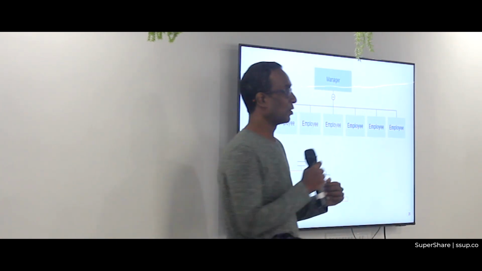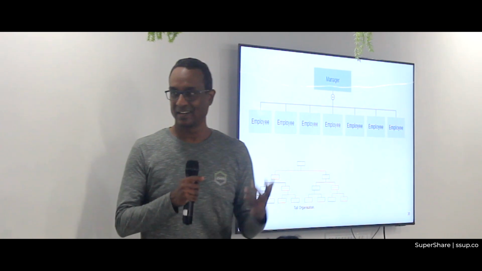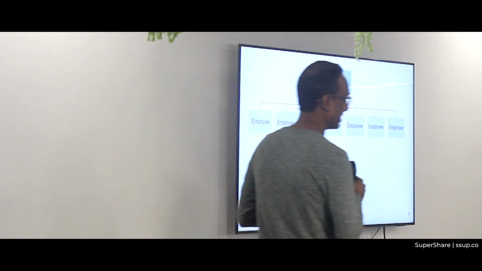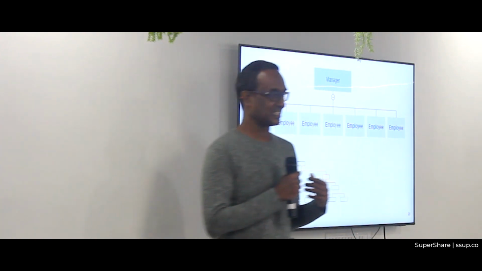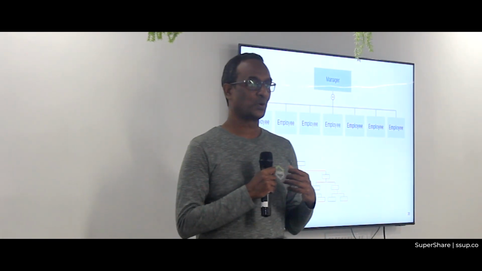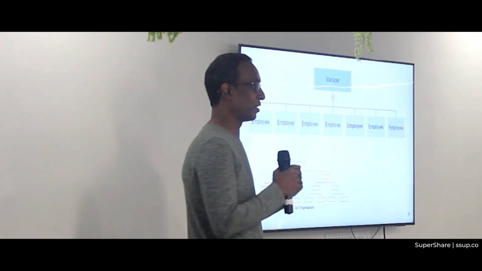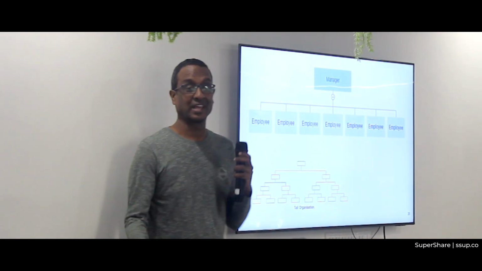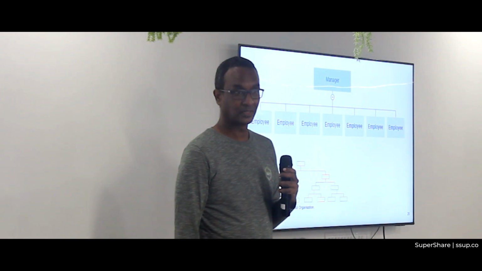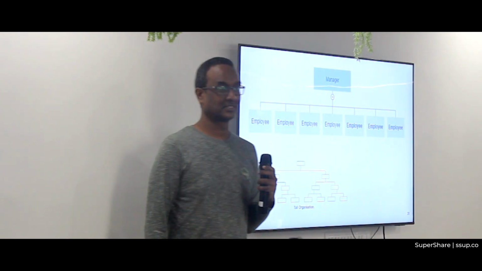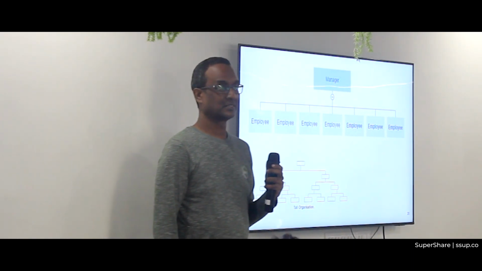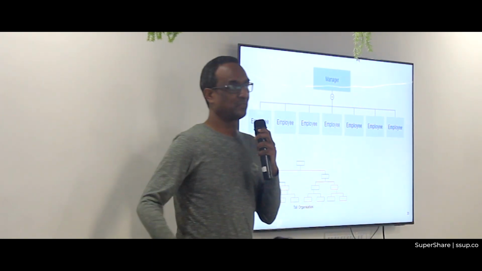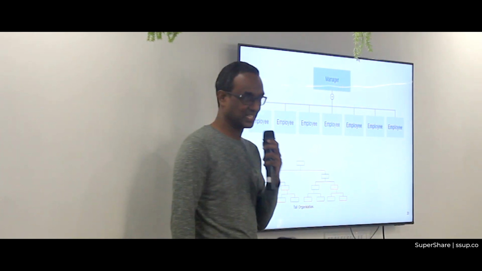Sagar was talking about how this company grew. So, as the number of employees in a company increases, would they continue to report to the same CEO, or will there be more levels of hierarchy? Why? The fewer the number of people each person has to interact with, the better the communication is.